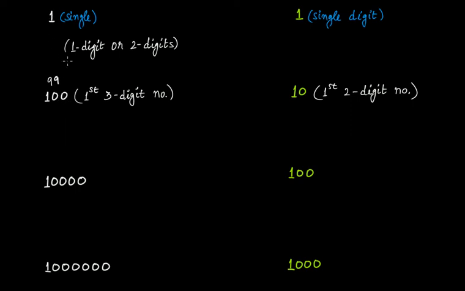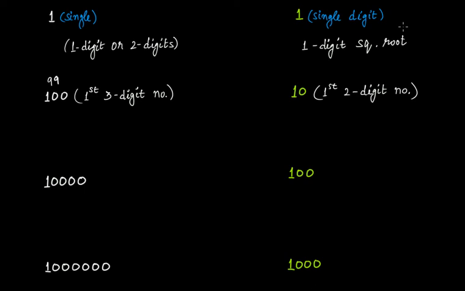So between 1 and 99, you will have either one digit or two digits square numbers. Since 10 is the first two-digit number, which is the square root of 100, whatever square root comes for these one digit and two digits numbers will have only one digit.